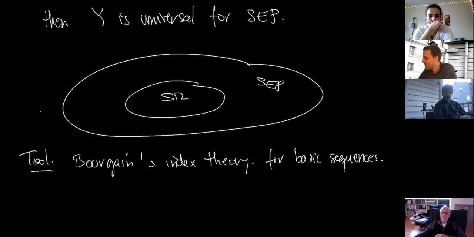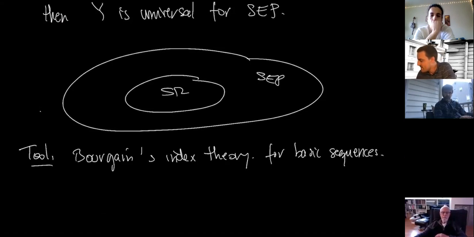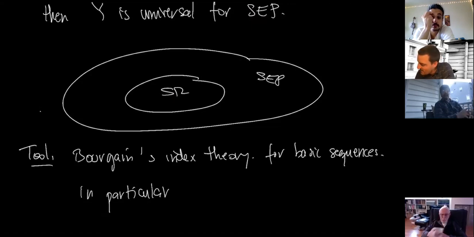And I will explain what was our solution to this philosophical question. And of course, the important thing here for Bourgain was the fact that C of 0, 1 has a basis.